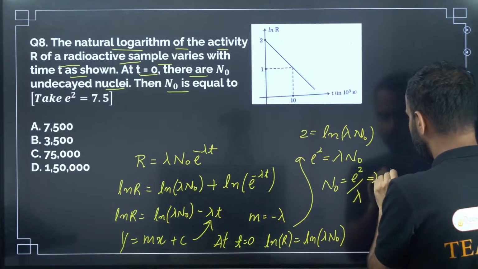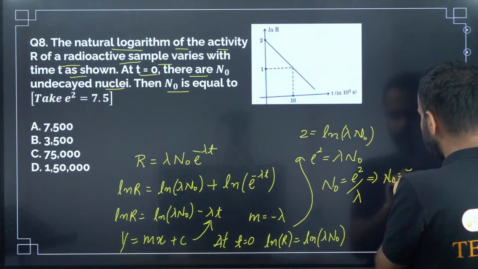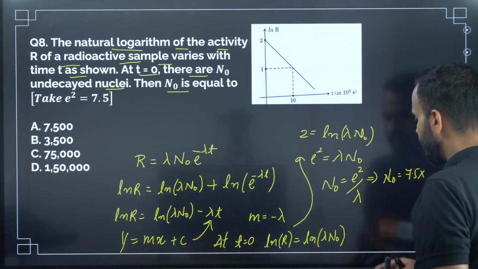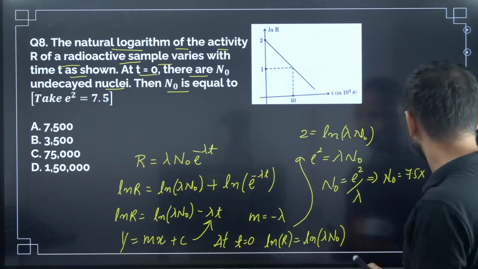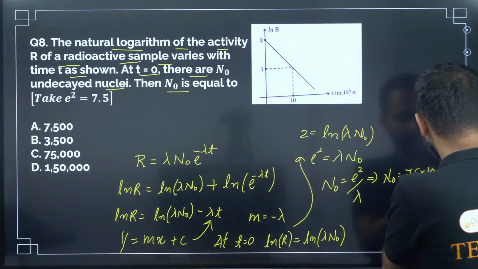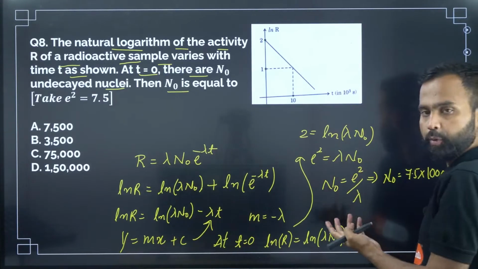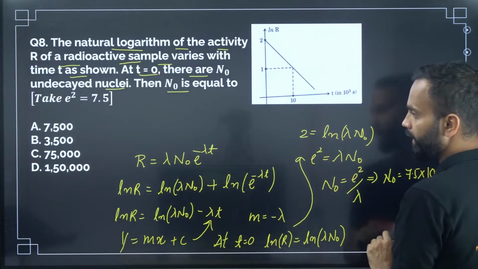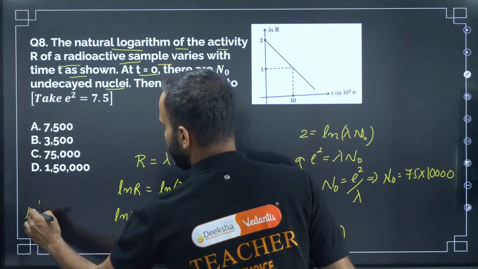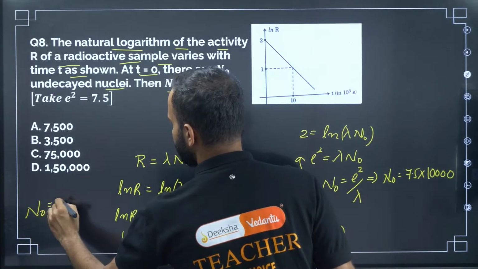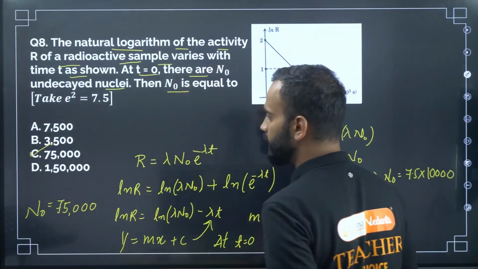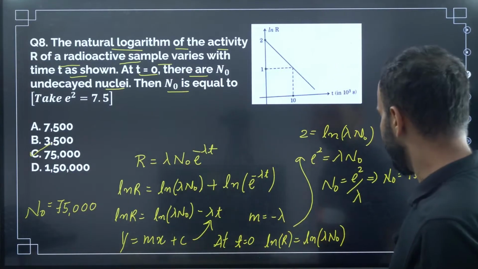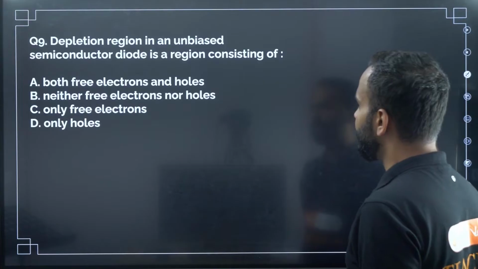So N naught is equal to e squared, 7.5, into 1 by 10,000, which is 10 into 10 to the power 3, that is 10,000. So the value of N naught at t equal to 0 is 75,000. So the correct option is C. Next question, question number 9.